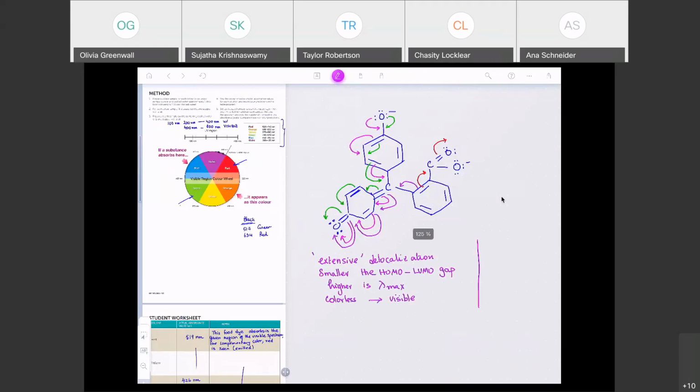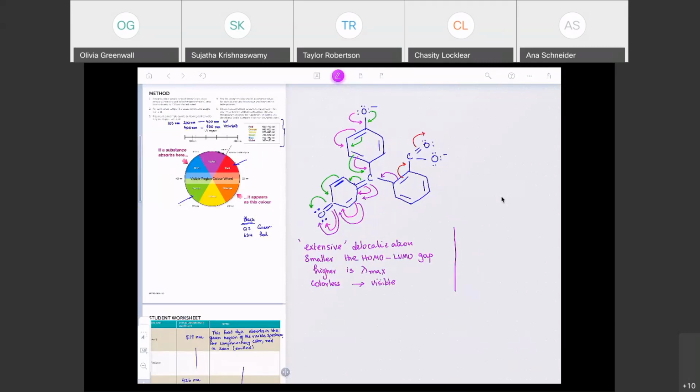If you don't want to use molecular orbital theory, you can go something like this: extensive or more conjugation, which is the same as delocalization, lower is the energy of the molecule, which is not a great explanation, but it works. Higher is the lambda max, same idea after that.